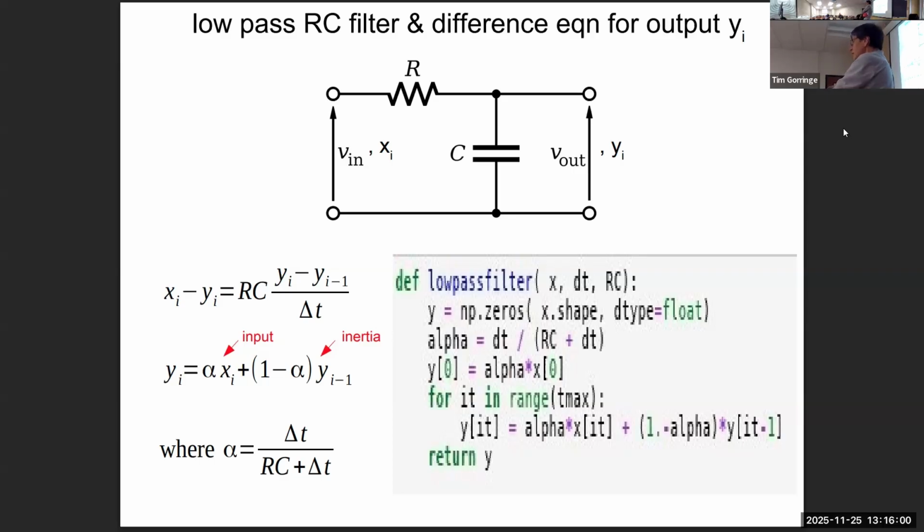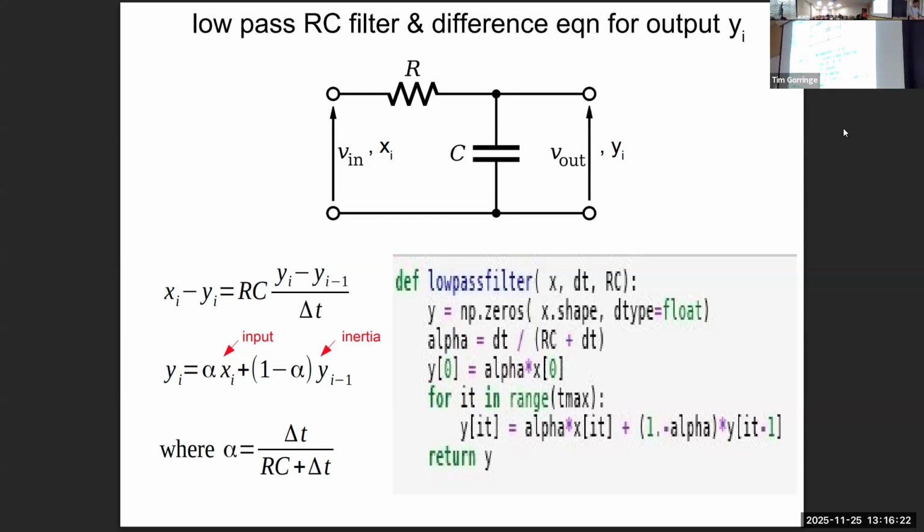You make the resistor bigger, and you're going to move the charge around the circuit more slowly. And so it's got a longer time constant. And if you make the capacitor bigger, you need to move more charge around, and so it's going to have a bigger time constant.